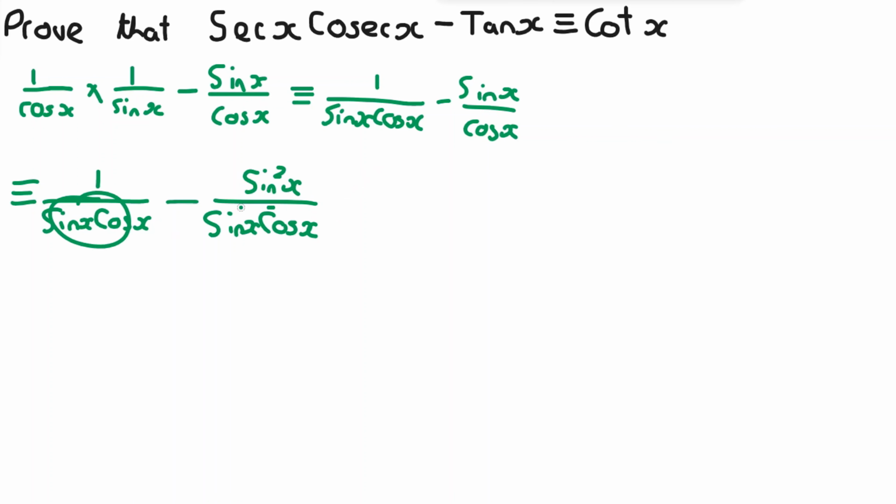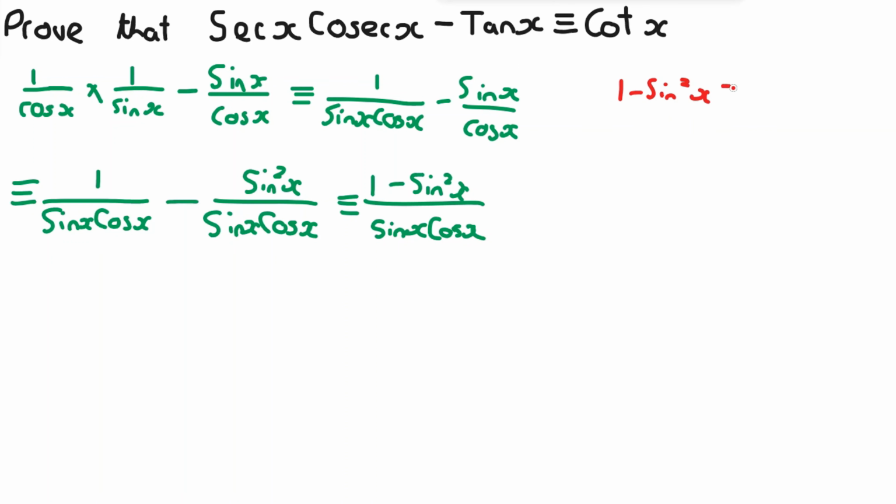And now the denominators are the same, so now we can add these two fractions together, so this is going to become 1 minus sin squared x over sin x cos x. And remember that 1 minus sin squared x is equivalent to cos squared x, so therefore we can rewrite this as cos squared x over sin x cos of x.